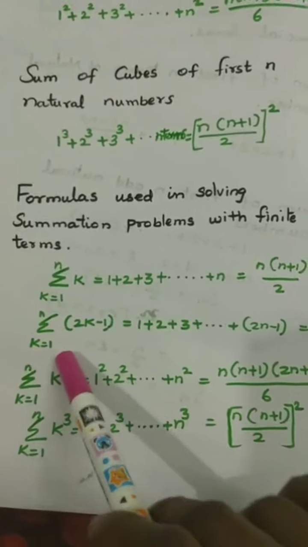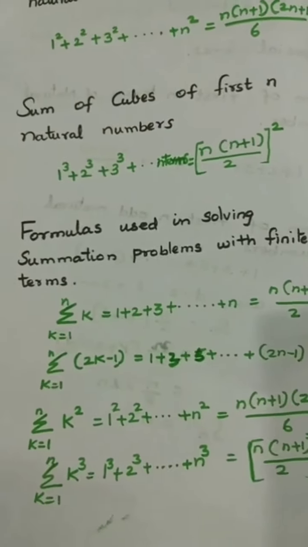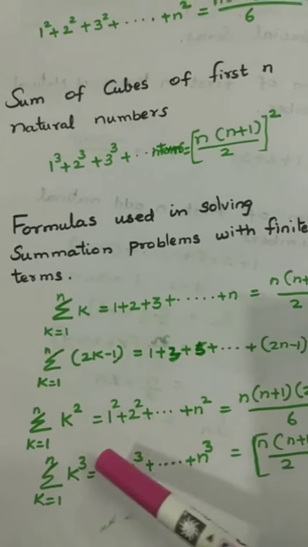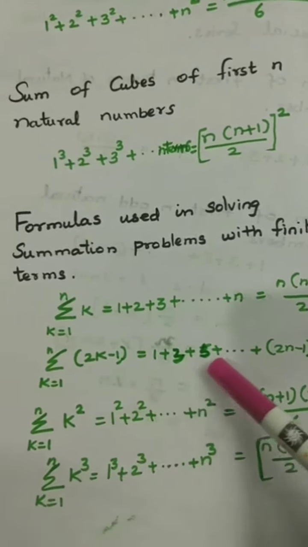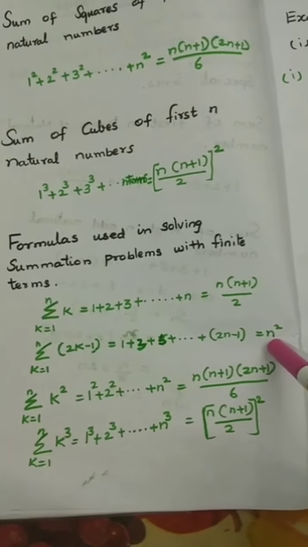Then summation of k is equal to 1 to n of 2k minus 1, that is odd numbers, 1 plus 3 plus 5 plus and so on plus 2n minus 1 is equal to n square.